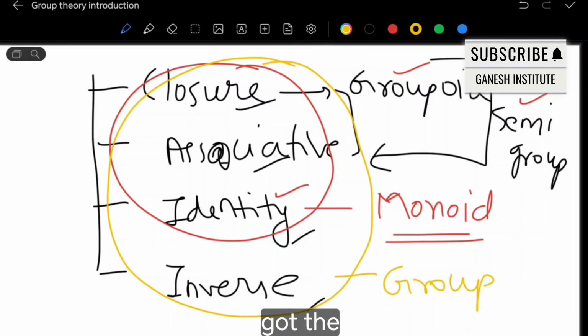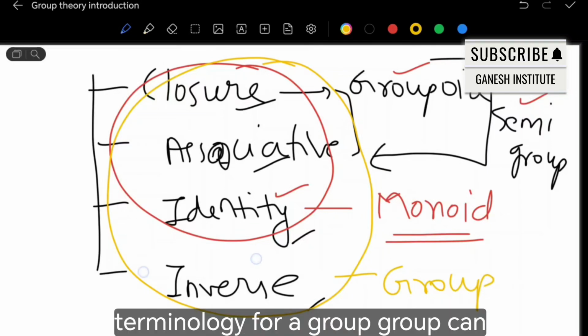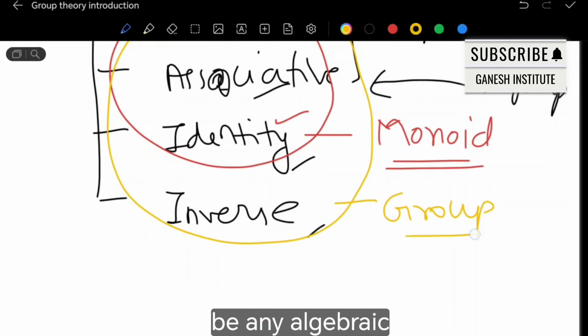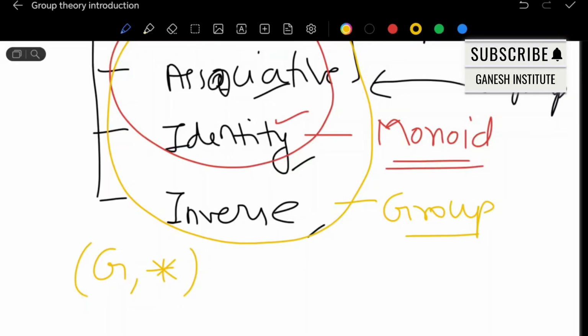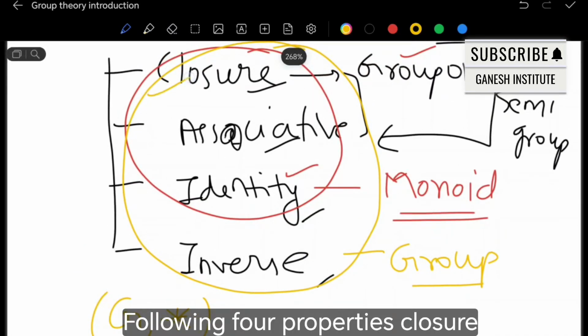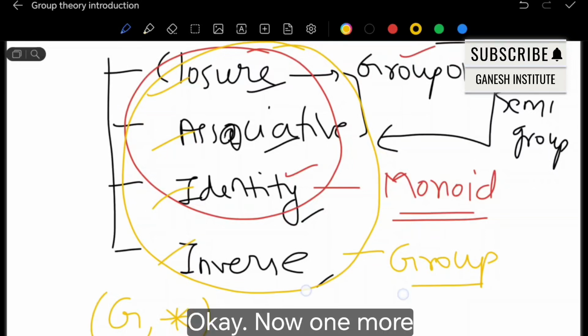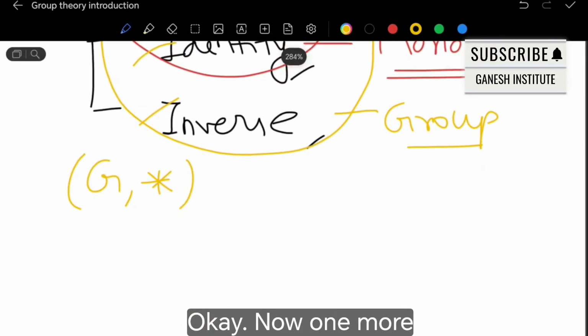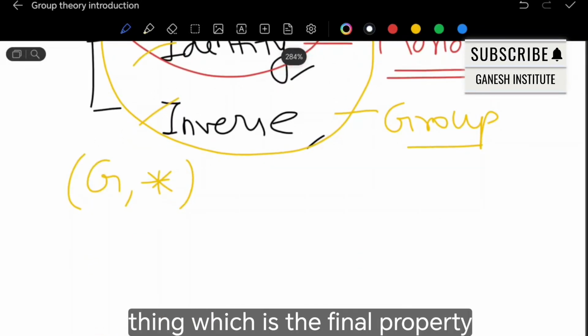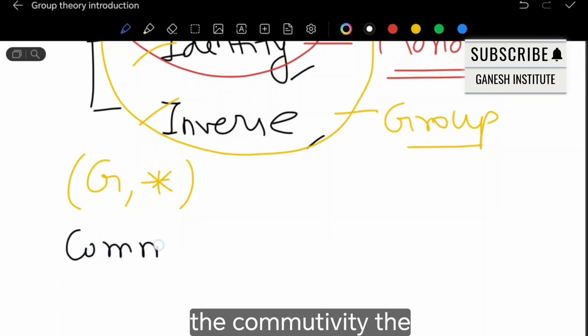So have you got the terminology for a group? A group can be any algebraic structure following 4 properties: closure, associative, identity, and inverse. Okay? Now one more thing, which is the final property, the commutativity.